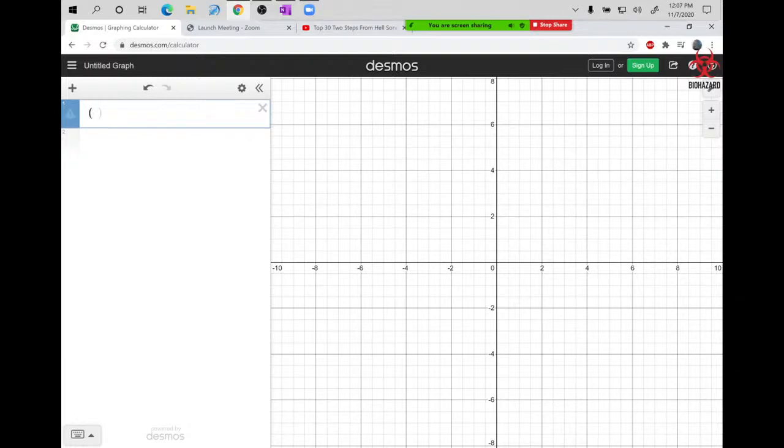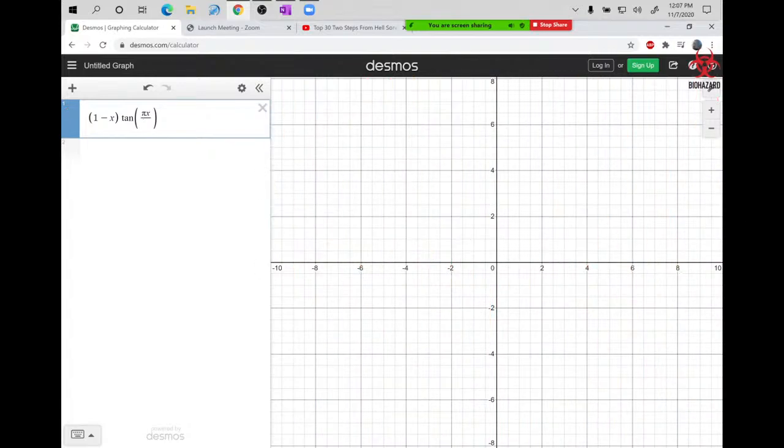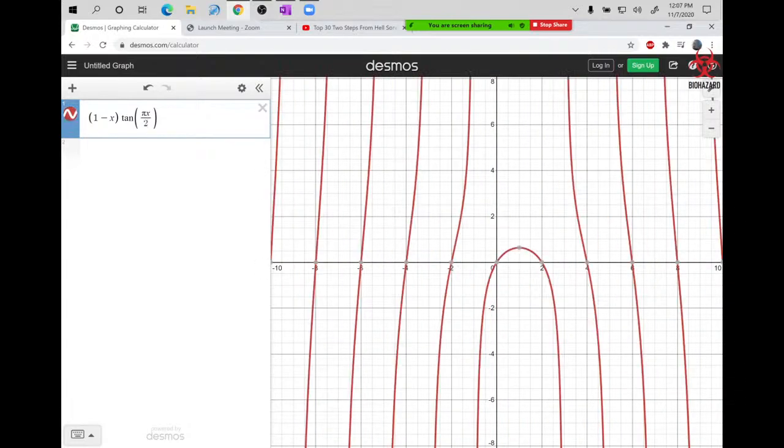So I have 1 minus x, so that's our starting there, and then times the tangent of, and the tangent is pi x over 2. Pi x, don't panic, divided by 2. There we go. And you clearly see 1, 1. It's even a maximum.